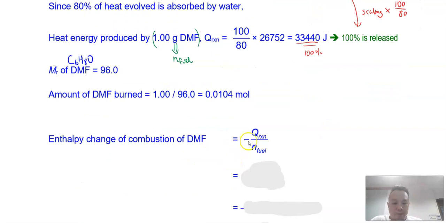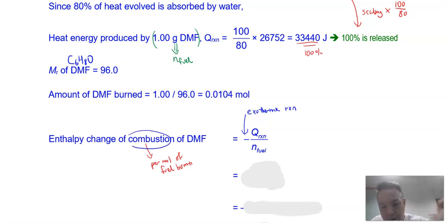Enthalpy change of combustion is simply your Q reaction over the number of moles of fuel. Remember, defined per mole of fuel burned, right? In this case, the negative sign is important because we need to indicate that combustion is an exothermic reaction. Alright, combustion is an exothermic reaction.